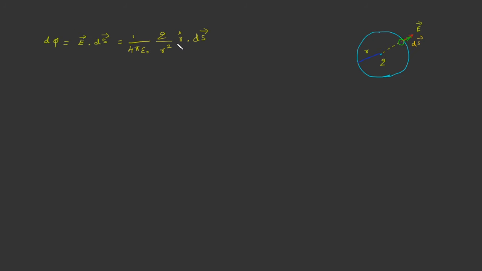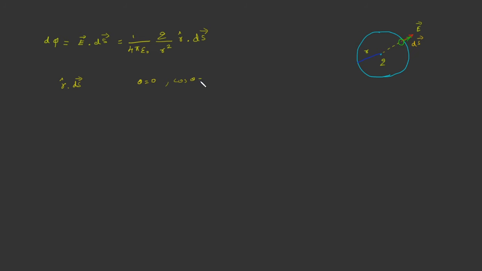That is, the unit vector r cap and ds are in the same direction. Therefore, what is r cap dot ds? Here theta is equal to 0 because r cap and ds are in the same direction.